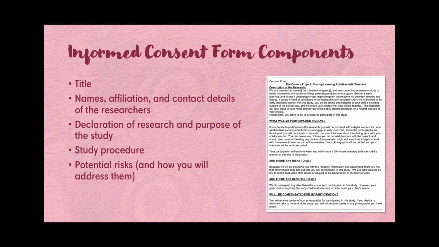Ideally, when we provide them the form, we give them around 24 hours to read the form, to digest the information in the form, so that they can make informed decisions about it. Maybe they have to ask someone else for some sort of advice if they want to be a part of the research or not.